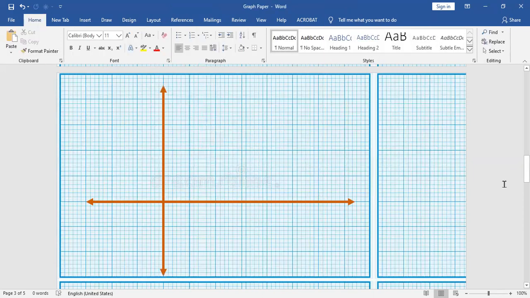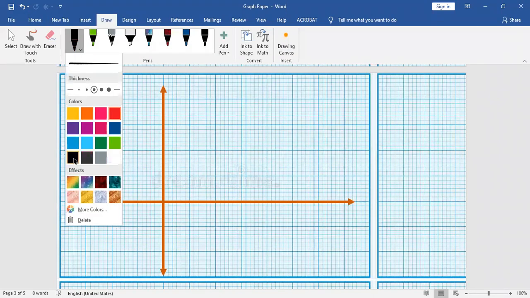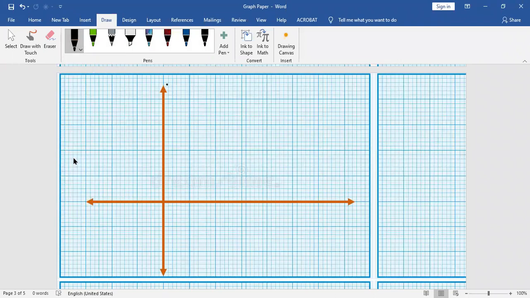Okay, now let's name the axes: this is the y-axis and this is the x-axis. Now we are going to mark the points.